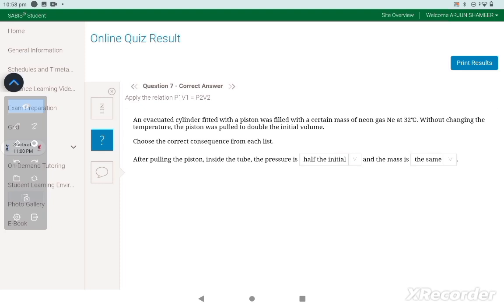The mass is not affected because we are changing the volume. Volume and pressure are inversely proportional, so when you double the volume, the pressure is going to be halved.